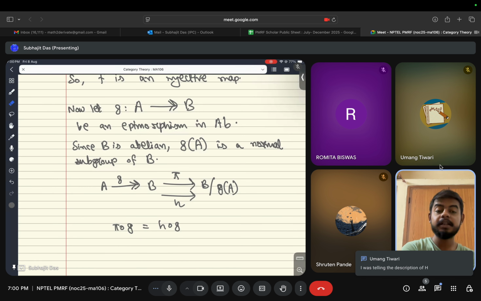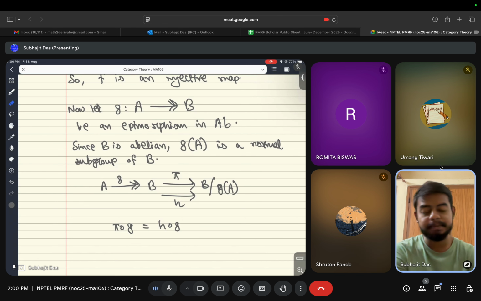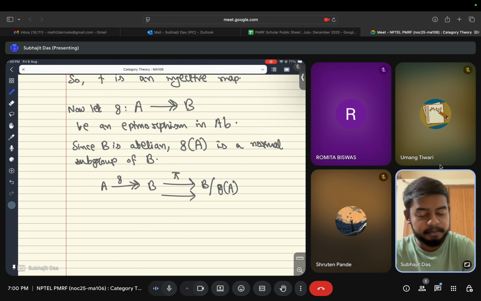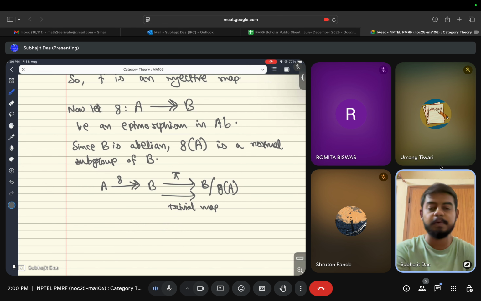Yeah, I got it. So we can just take H to be the trivial map itself, the trivial homomorphism, right? So A to B, B to B over B mod GA, we take pi and the trivial map.